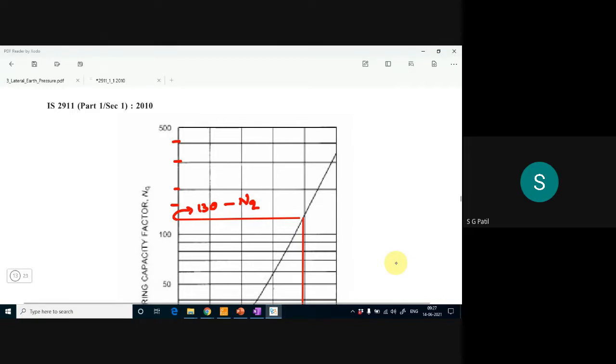Either you can take 130, or I calculated by taking 132. I will stick to 132 because all my answers are according to 132. Either is fine, it is not going to differ much.